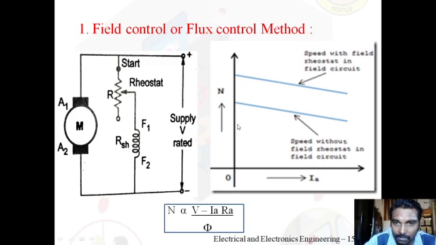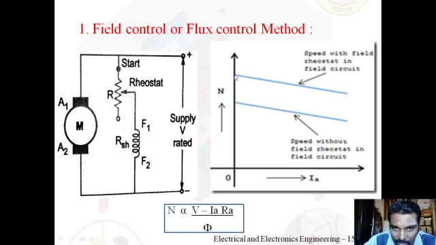Therefore you can observe the graph. Earlier the speed of the motor with R equal to 0 was here. Now the speed graph will start from this particular position, that is, the speed is changed to N1. You can consider earlier it was N0, indicating the no load speed of the motor at R equal to 0.